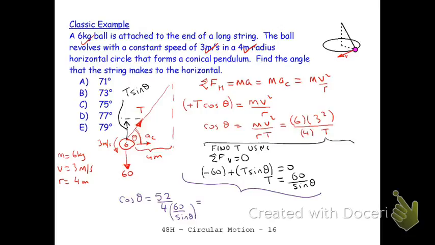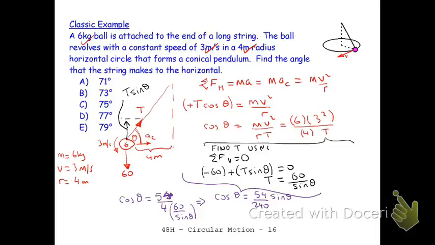You wrote down 52. I'm sorry? You wrote down 52. Oh, so, yeah. So, thanks. So then, if I look at this, I can say, oh, I'm going to run out of space if I'm not careful. So this gives me that cosine theta equals 54 over 240, and that sine theta goes on top, yeah?